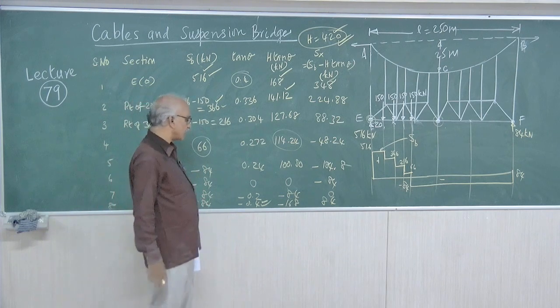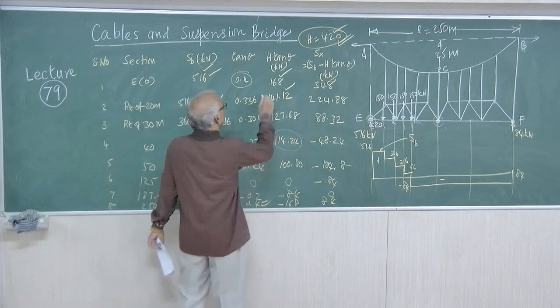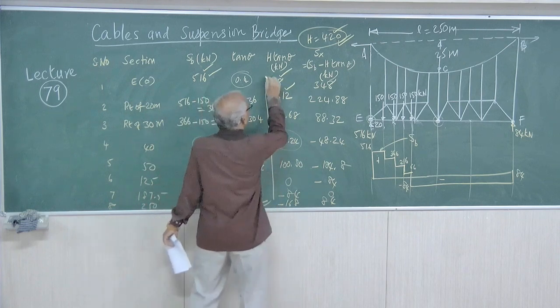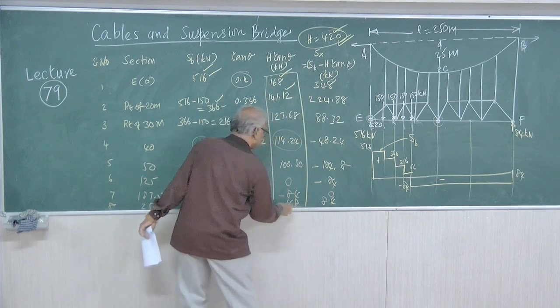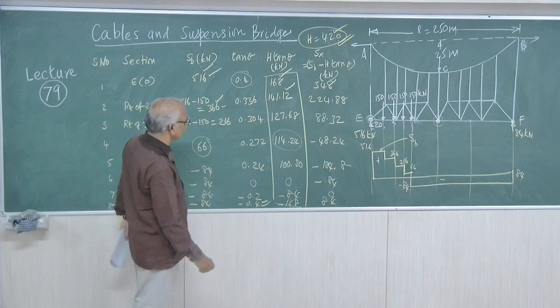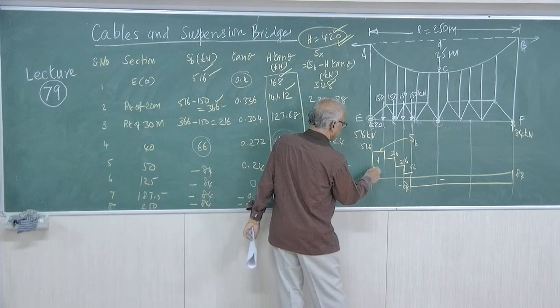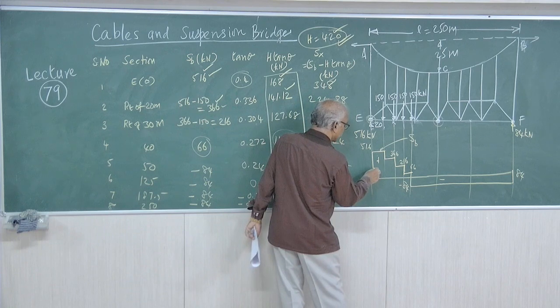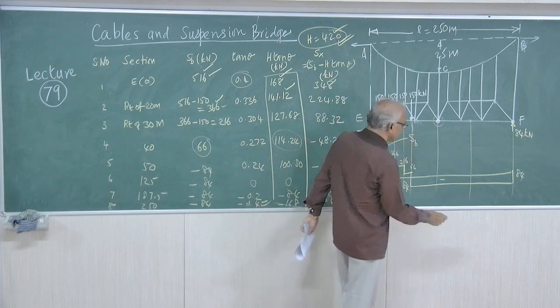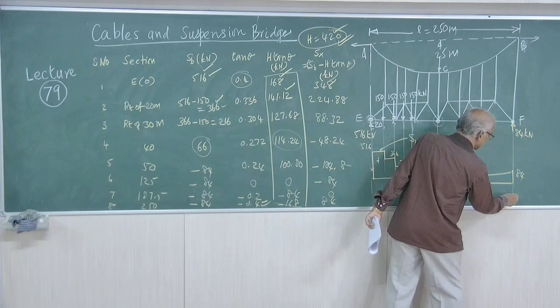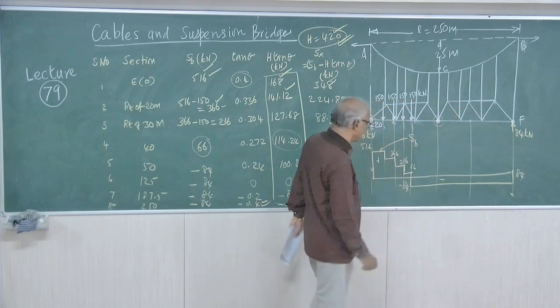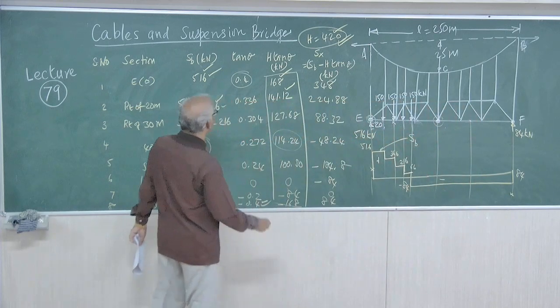Right. Now, next is that of H tan theta. Minus H tan theta. H tan theta, here it is 168. Here it is 168, and here it is minus 168.